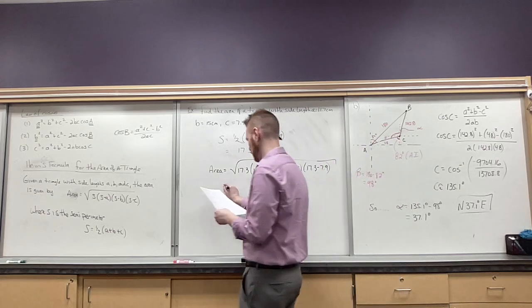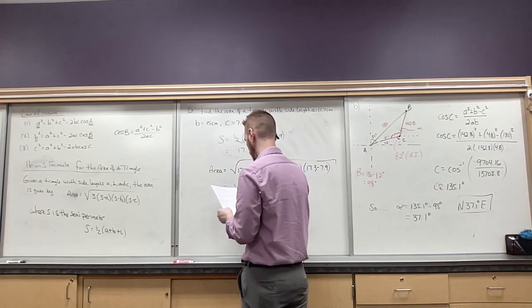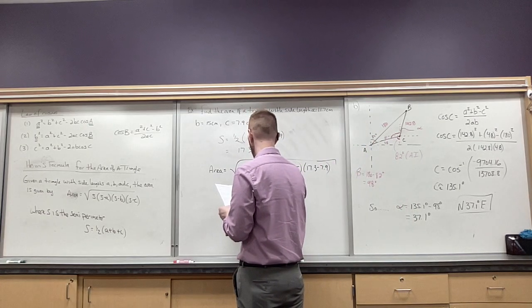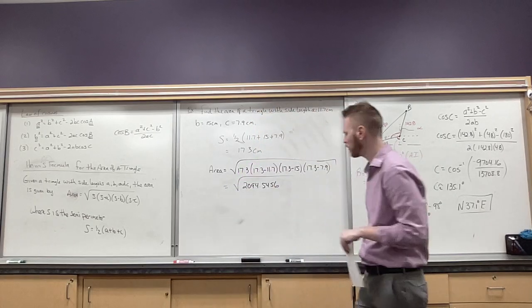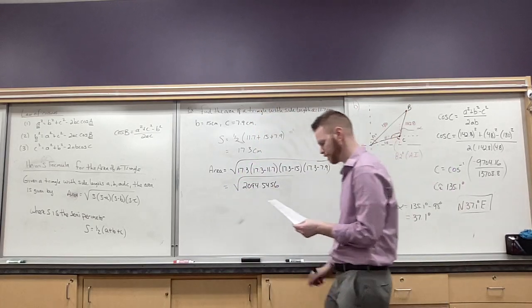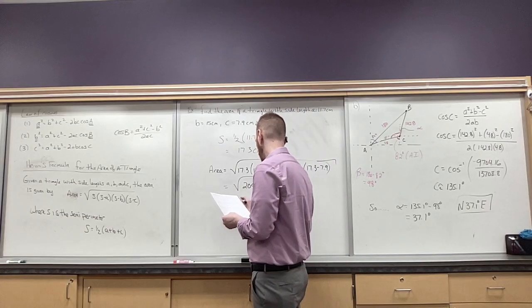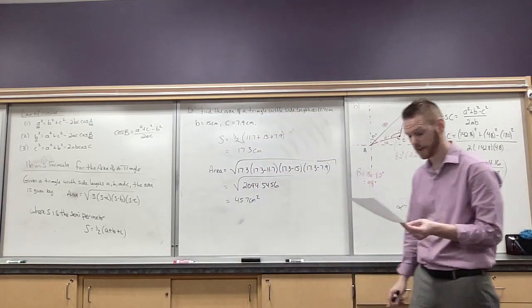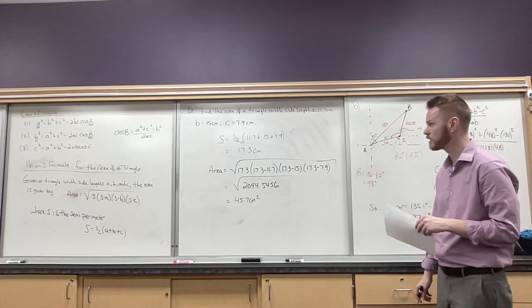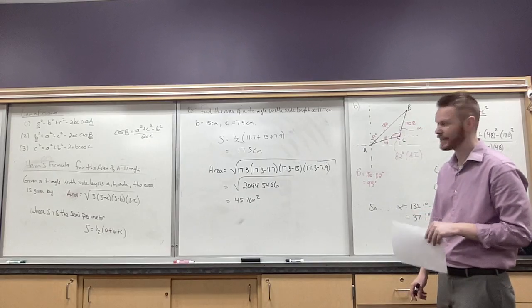But anywho, when you multiply all those together, you get 2,094.5456. And we take the square root, and you get 45.7 square centimeters. So there's the area for that triangle. Not bad, huh? It's kind of cool.